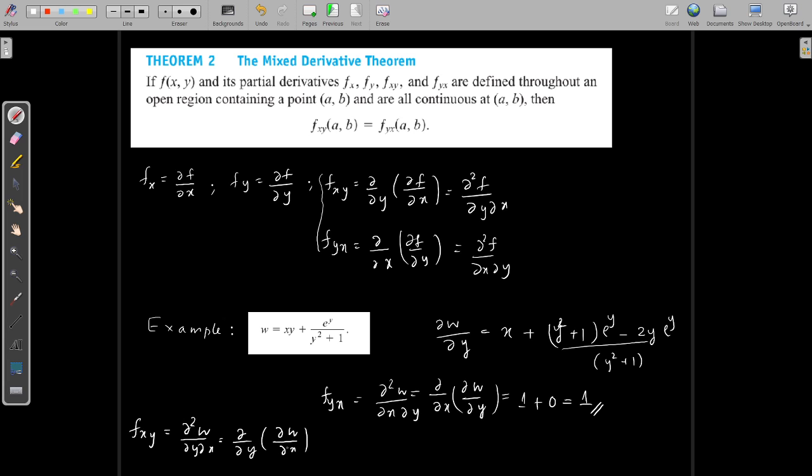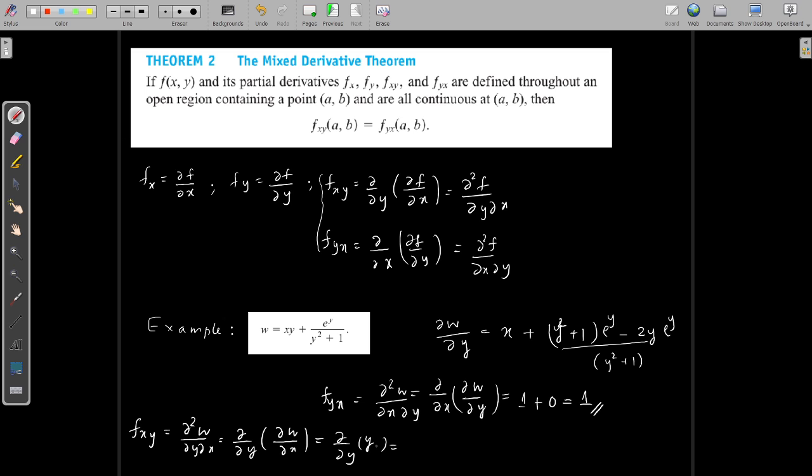When you evaluate the derivative of w with respect to x first, since the second term does not contain any x, you get dw by dx as y itself.